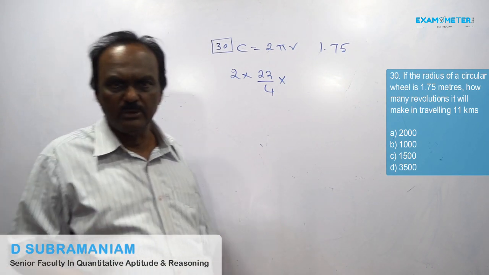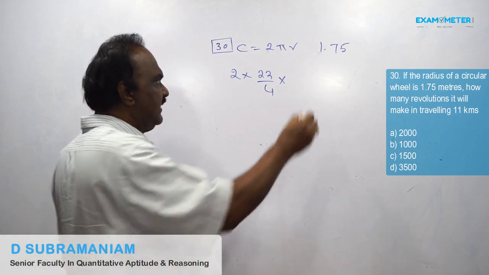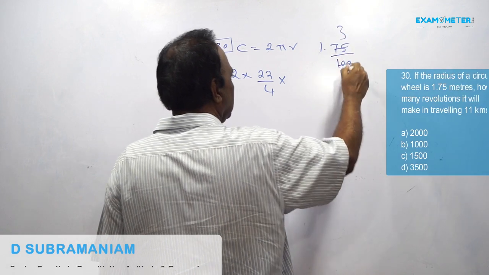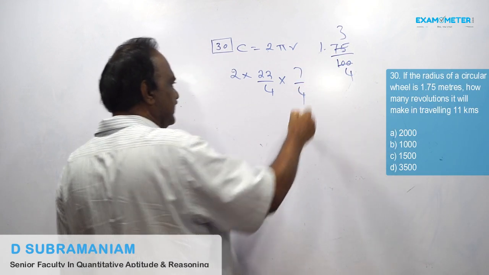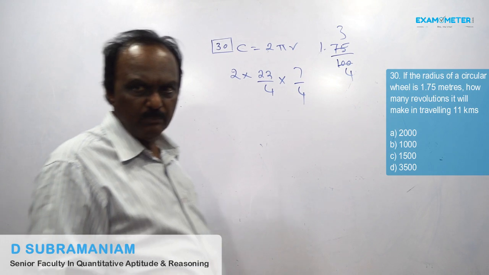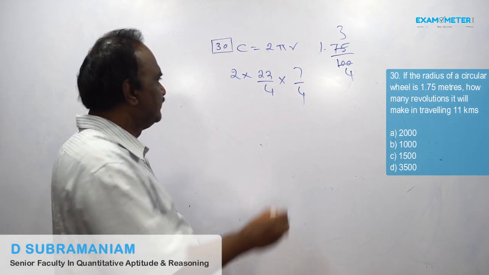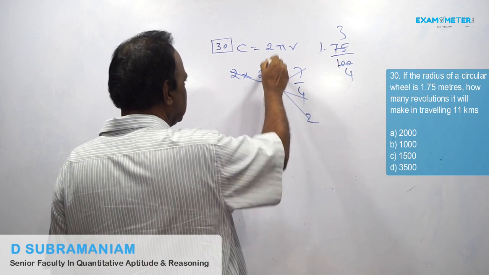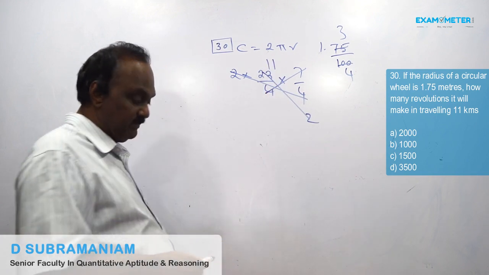So divide by 100. 1 3 by 4 is mixed number. So improper fraction will be 7 by 4. This will cancel 2 times, this will cancel 11 times.